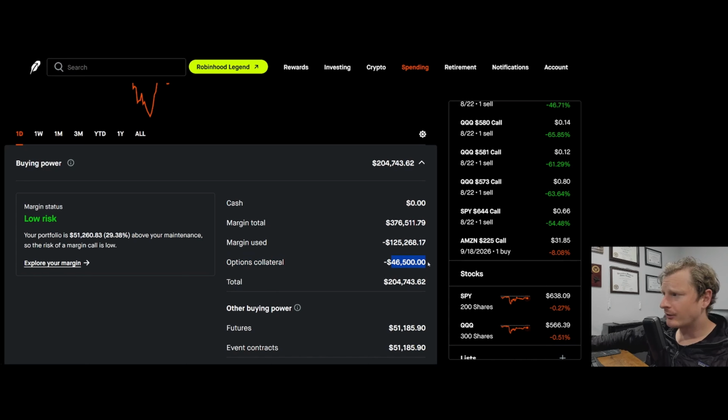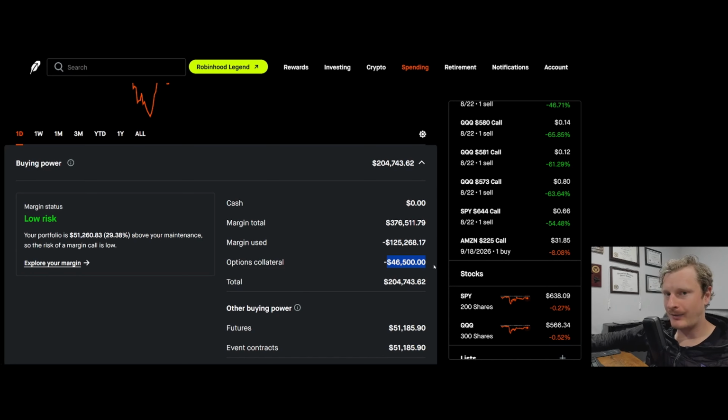So this options collateral, none of this money is actually getting charged margin. Trying to be careful not to say margin hood again. None of this options collateral is being charged margin interest because I'm not owning the shares. Robinhood allows you to borrow their margin without having to pay them interest until you actually buy the shares.